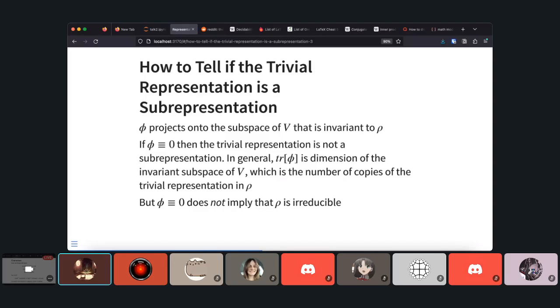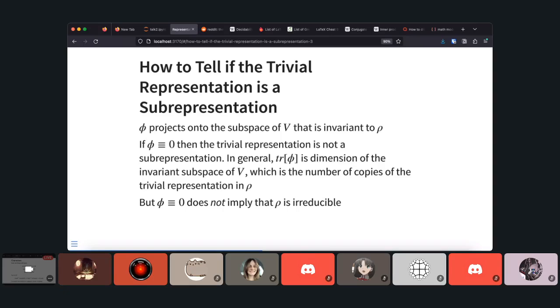This is something I realized I should put here: the original rho is a representation, the whole thing is a representation. If phi isn't 0, then the orthogonal complement of phi, the space of v that doesn't have the trivial representation in it, is also a representation.